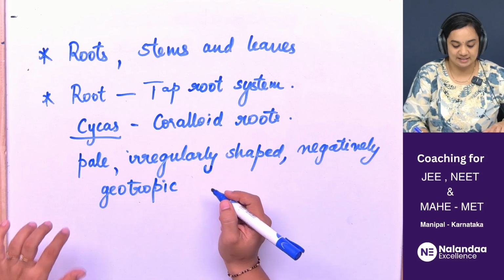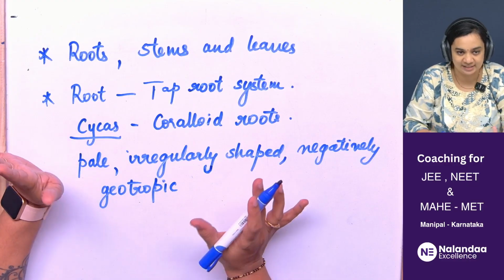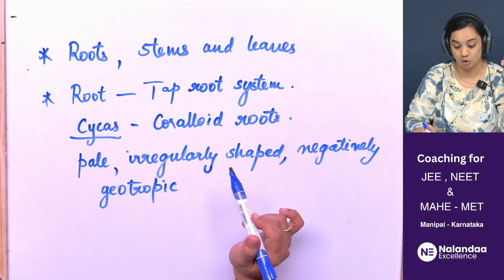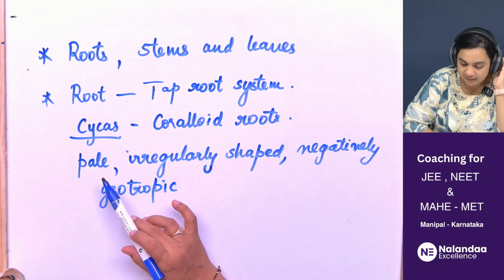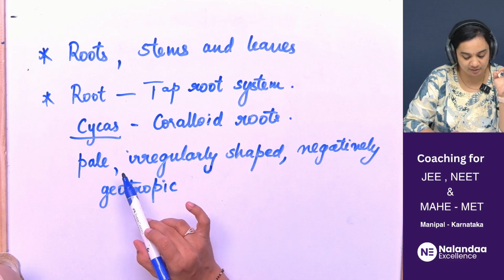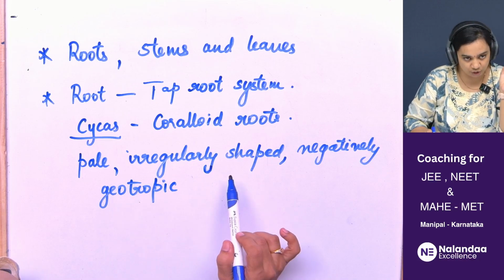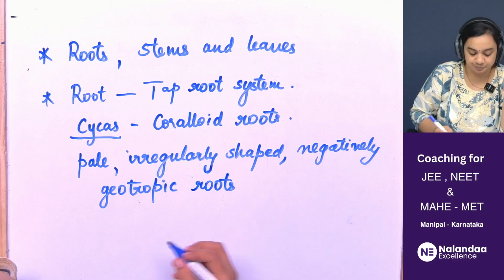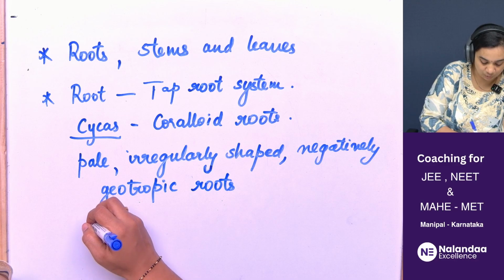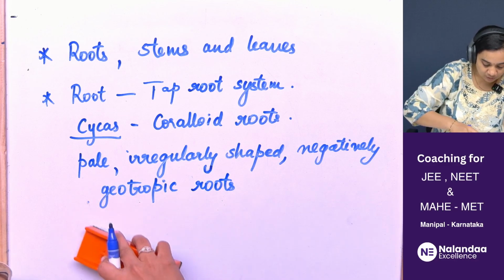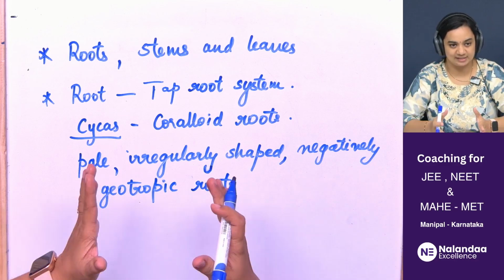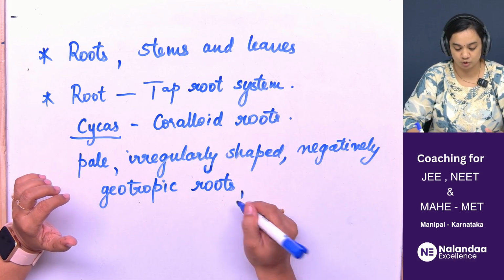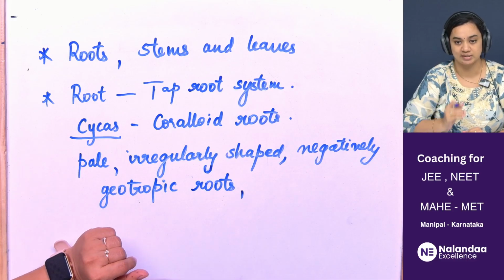So, in case of cycas, in addition to the already existing root system, there are extra specialized roots called coralloid roots. Now, what are they? They are pale white in color and irregularly shaped, negatively geotropic roots, which means they grow away from gravity, vertically upwards from the soil.